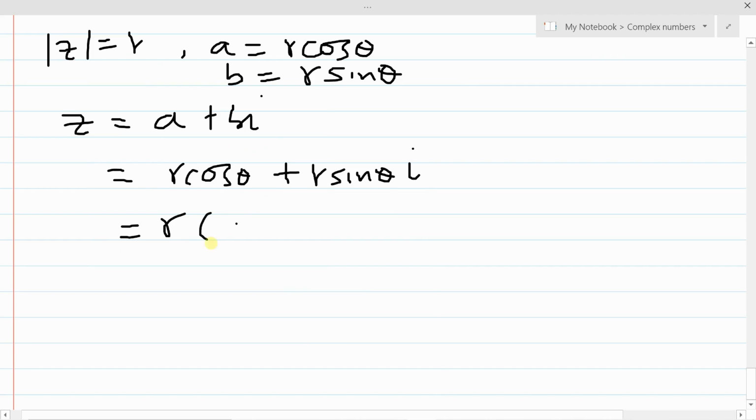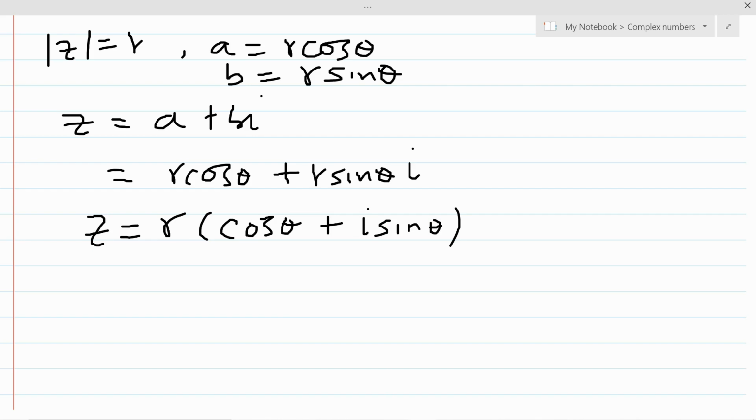So r, cos theta, plus, interchanging i and sine theta, i sine theta. Now this is our complex number. This equation and this equation are the same; this is equation 1, this is equation 2.